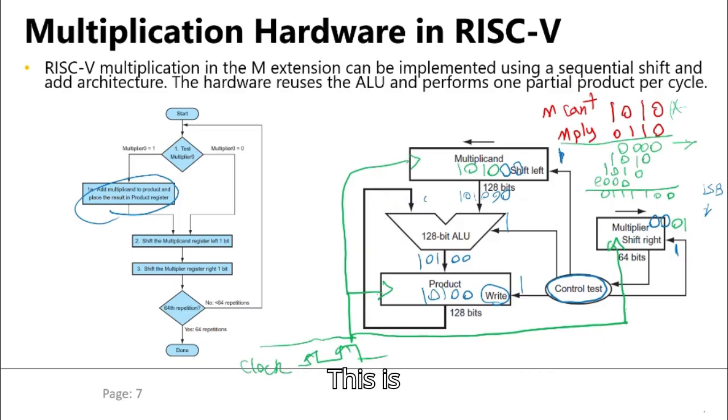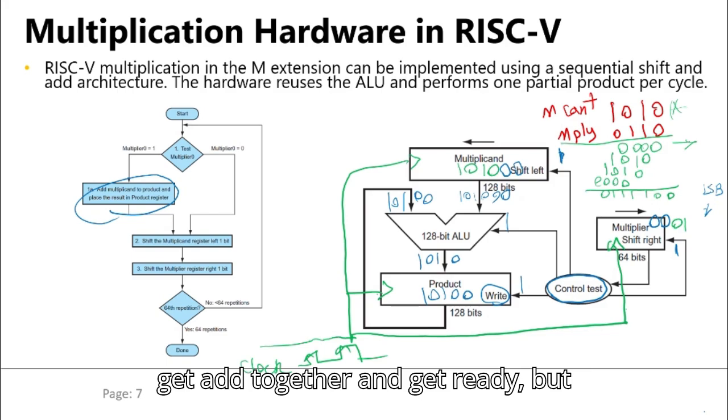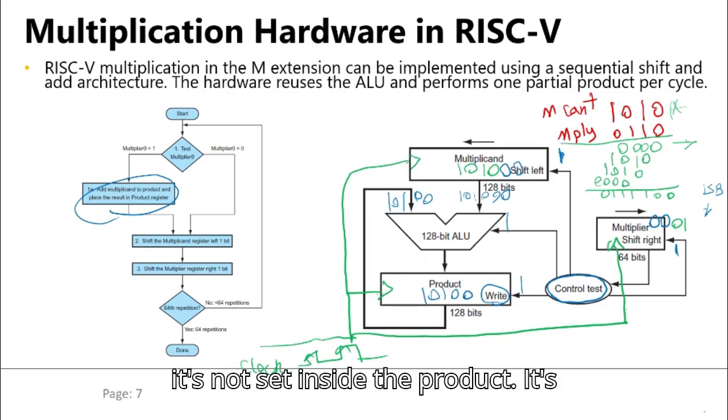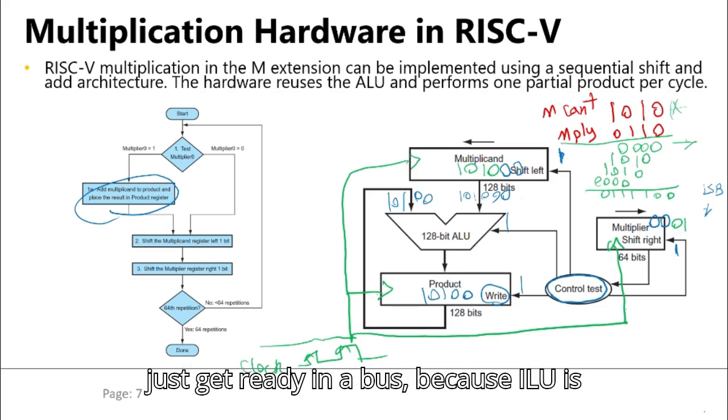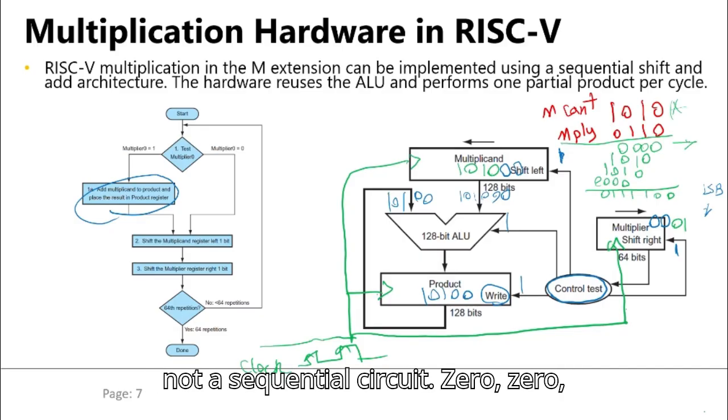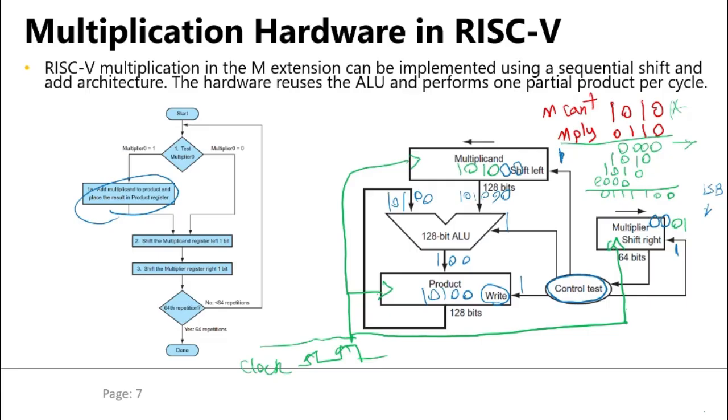This is 0, 0, 1, 0, 1. They get added together and get ready, but it's not set inside the product. It just gets ready on the bus because the ALU is not a sequential circuit. 0, 0, 1, 1, 1.